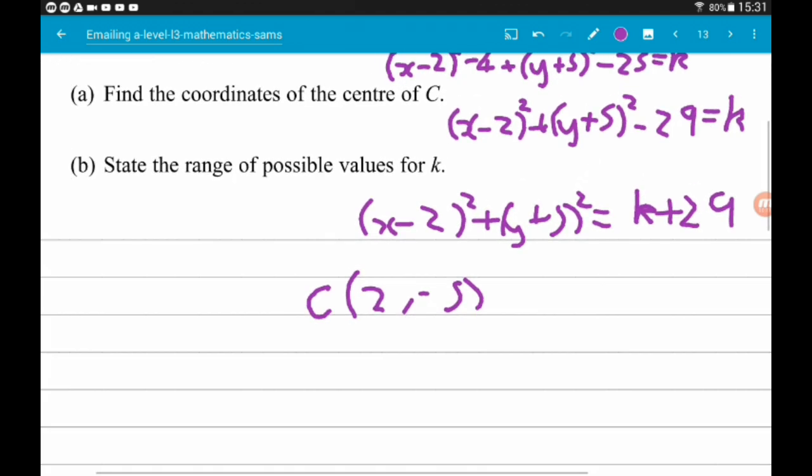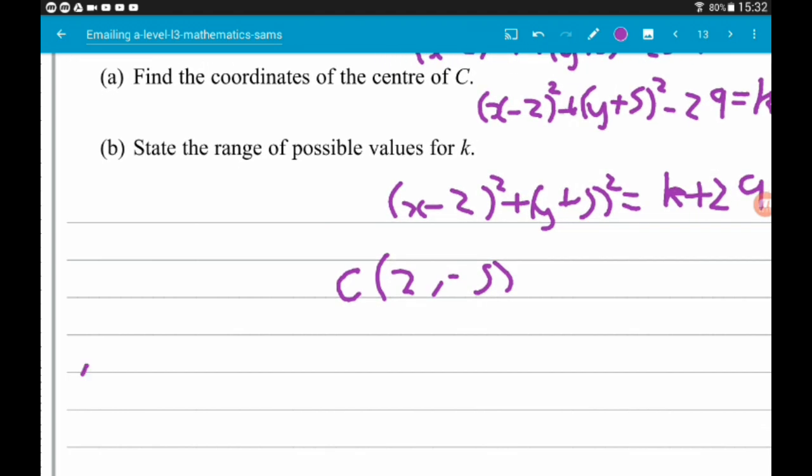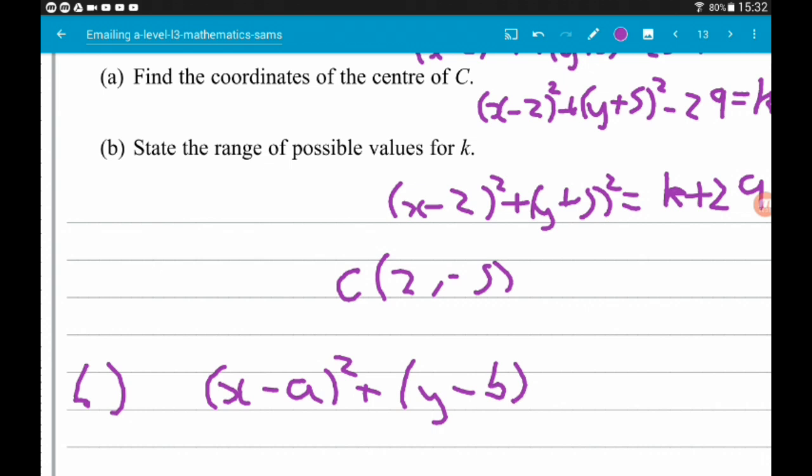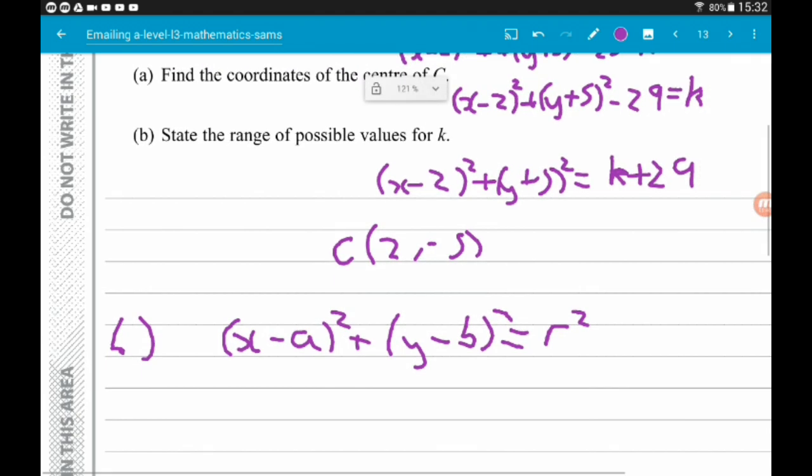Remember, the equation of a circle in general is x minus a squared plus y minus b squared is equal to the radius squared. So k plus 29 here is the radius of this circle squared.